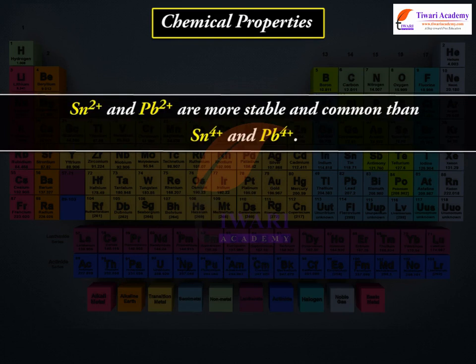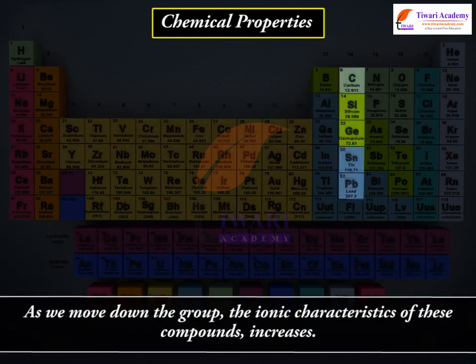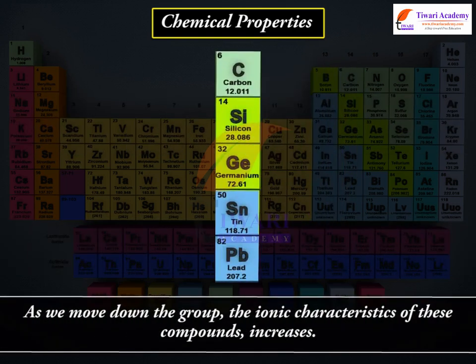Sn2+ and Pb2+ are more stable and common than Sn4+ and Pb4+. In general, M4+ compounds are covalent while M2+ ions are ionic. As we move down the group, the ionic characteristics of these compounds increase.